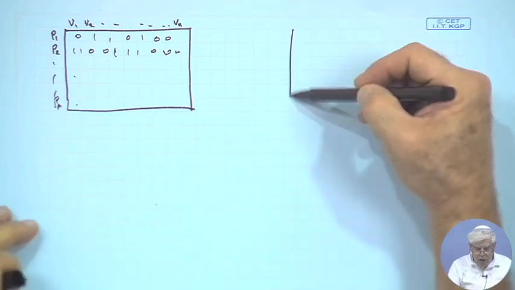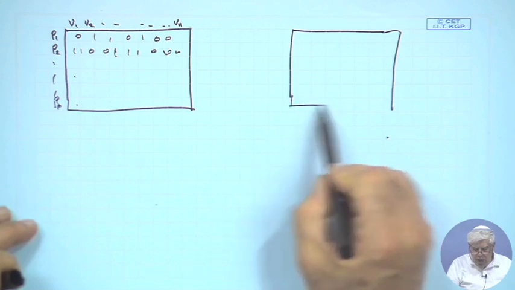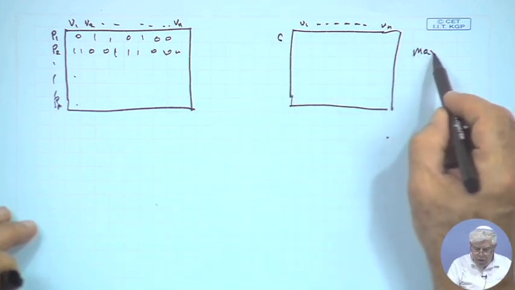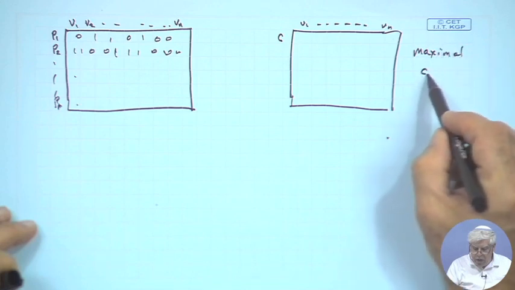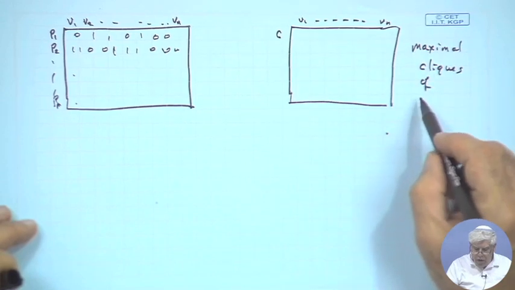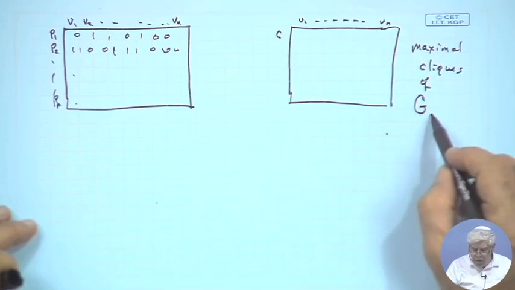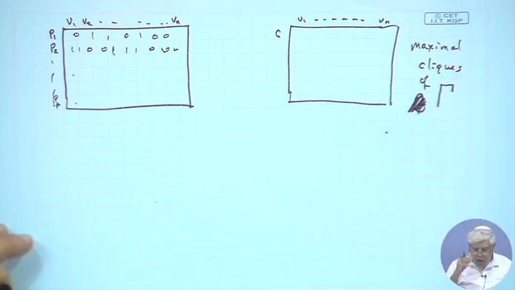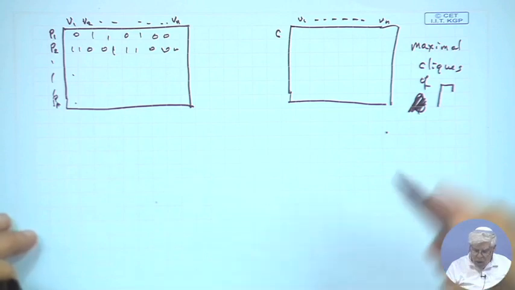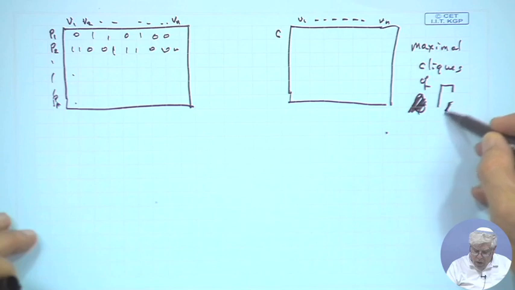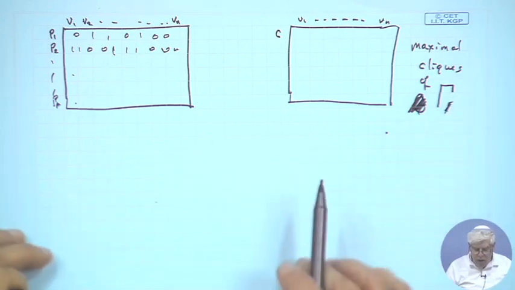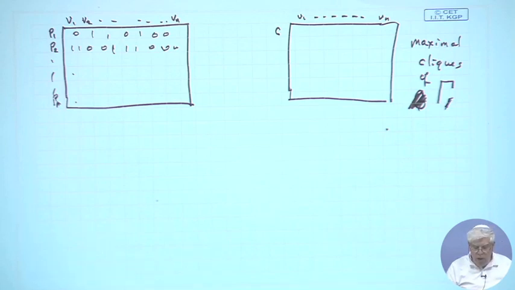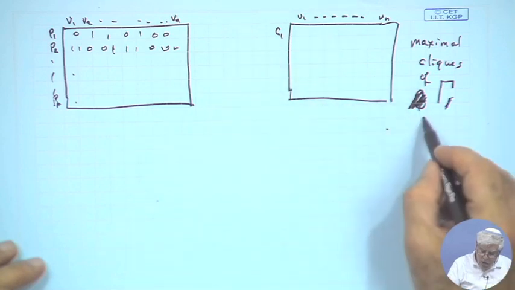What I'd like to do now, and I have to show you how to do that, is build another matrix, similarly, V1 out to Vn, where these will be the maximal cliques of the graph, I guess I was using gamma, that I get from my factored form of the CoGraph.